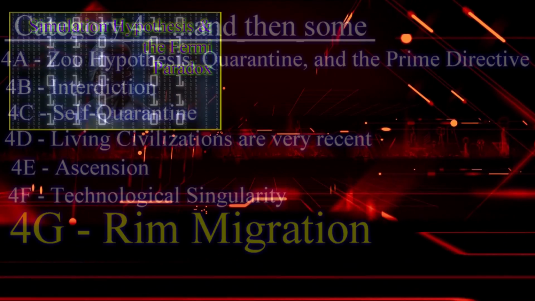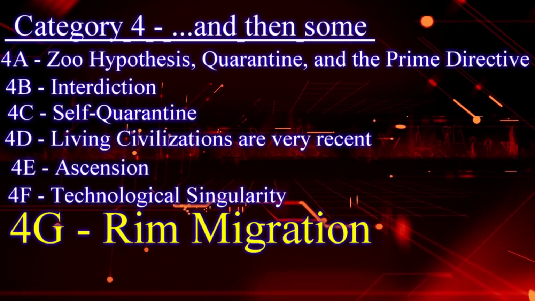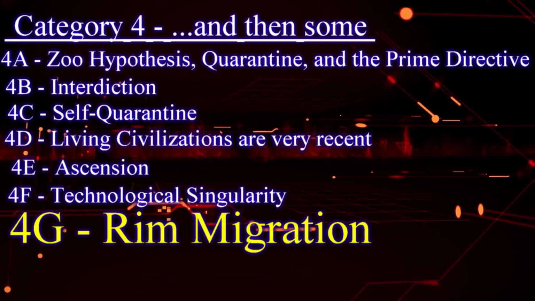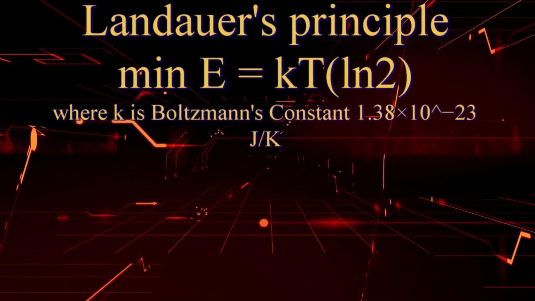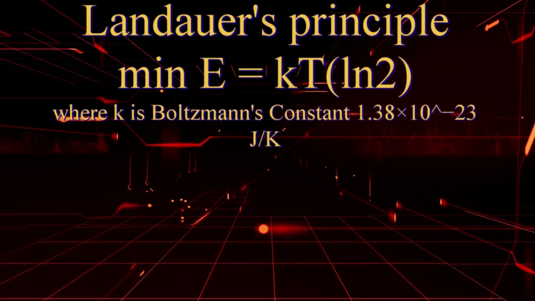Category 4G, rim migration, is actually an extension of the technological singularities. Once you've gone post-biological and basically run on energy and data, it helps to be somewhere that is cold. There's an absolute minimum energy needed to erase a digit, to perform the most basic calculation, and it depends on the temperature.